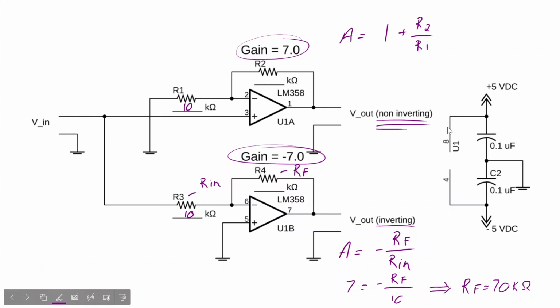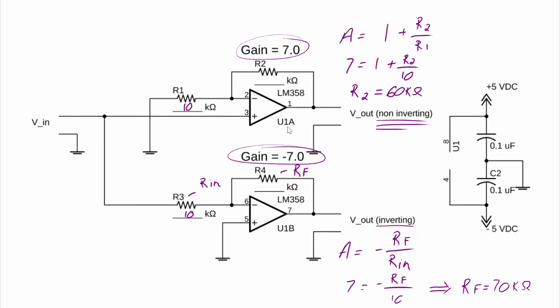Now, for the non-inverting, 7 is equal to 1 plus R2 over 10K. Solving for that, R2 is going to equal 60K.